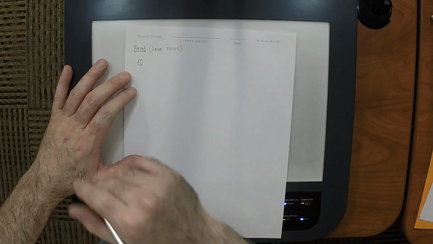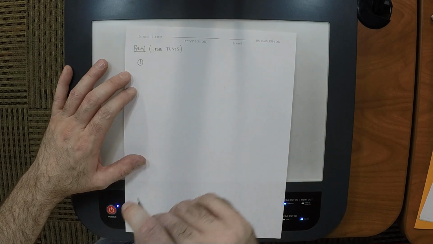But when we're drawing functions, typically we want to draw them on x, y axes.